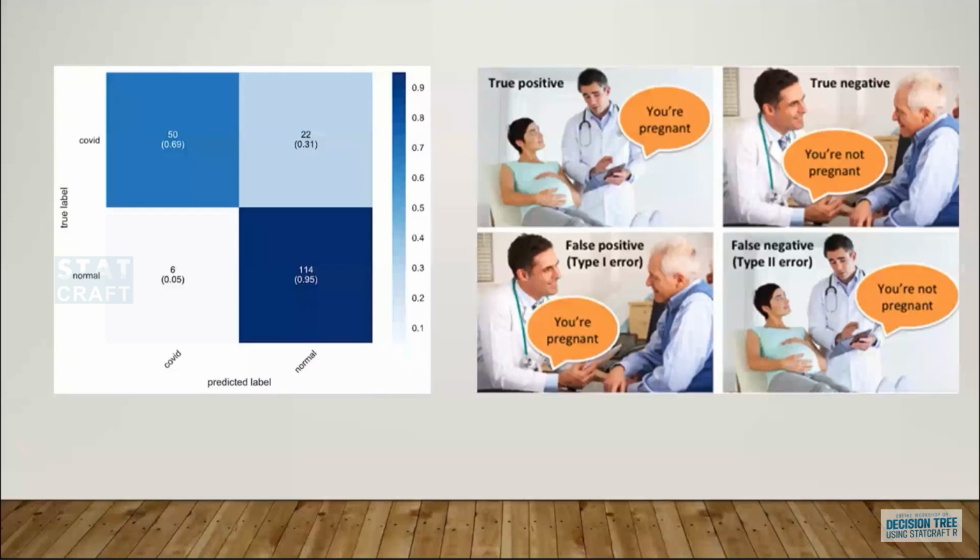Here, a person was having COVID, but the kit detected it as normal. So 22 plus 6 is an error in the model, the leakage in the model, the misclassification in the model. So 28 are such cases. Your algorithm is successful when we are having more and more correctly classified cases.